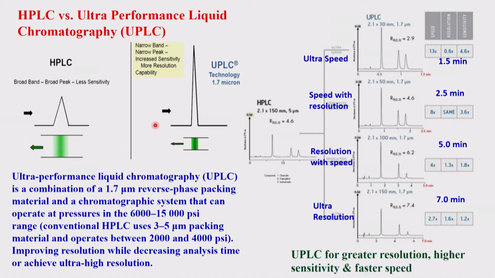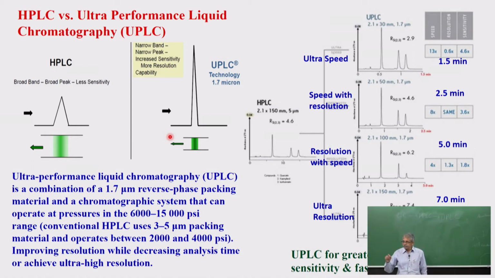What differences are you seeing here? The width of the peak is sharper and the height of the peak is taller. So how did you get that? You can get it by changing the speed at which the liquid is flowing through, and also the column that you are using. These are the things which will bring about the separation.